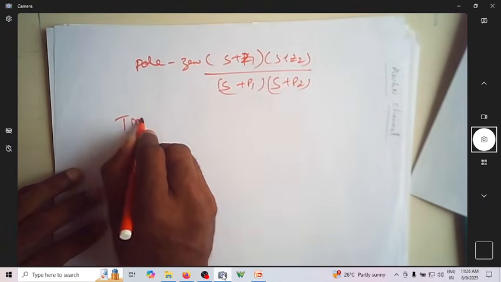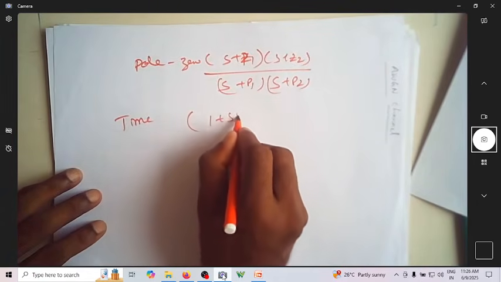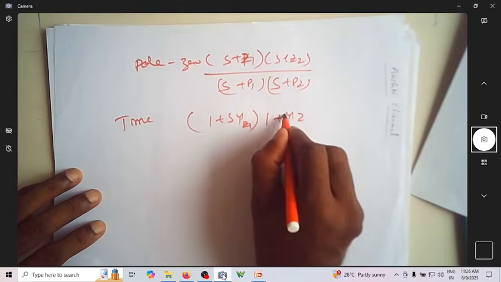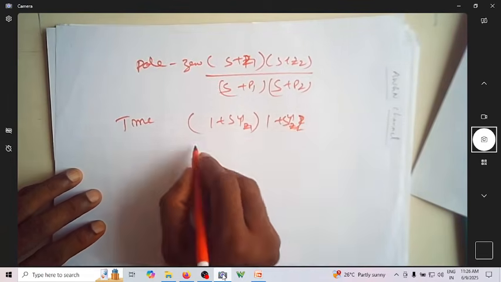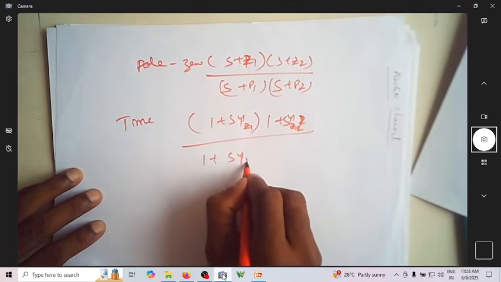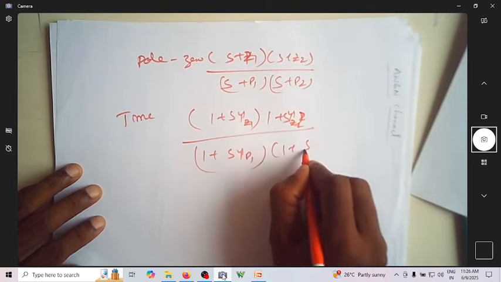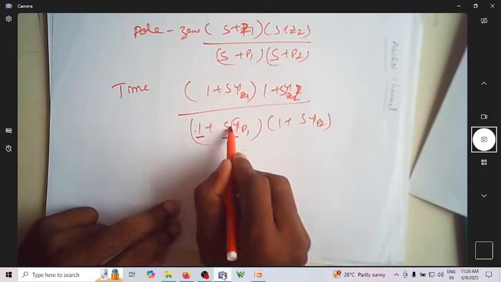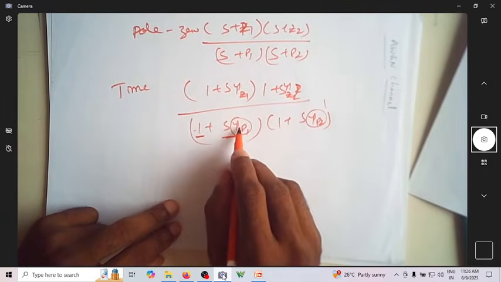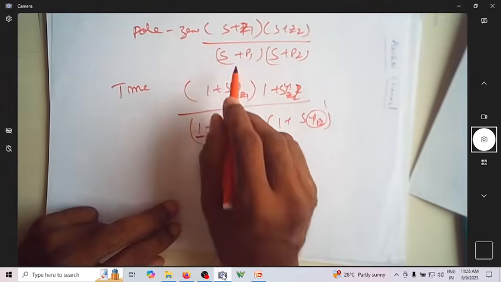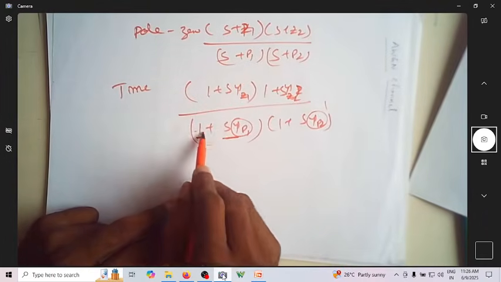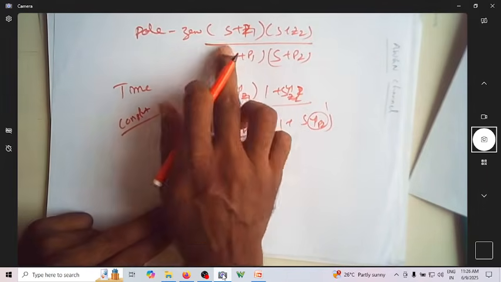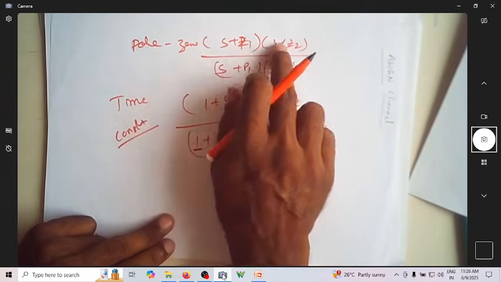Whereas in time constant form, it is 1 plus s tau z1, 1 plus s tau z2, 1 plus s tau p1, 1 plus s tau p2. So here it is always 1 plus s tau, and this tau can be 1 also. But you have to have 1 plus s tau. This is time constant form, and pole zero form is s plus something.